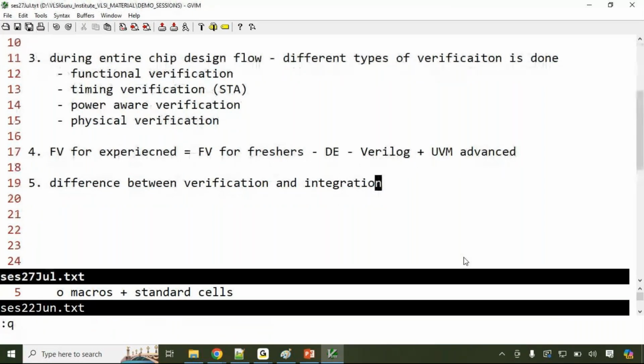Is there any separate batch for functional verification for experienced people? Actually, what happens is we start a new batch once every 5 to 6 weeks.